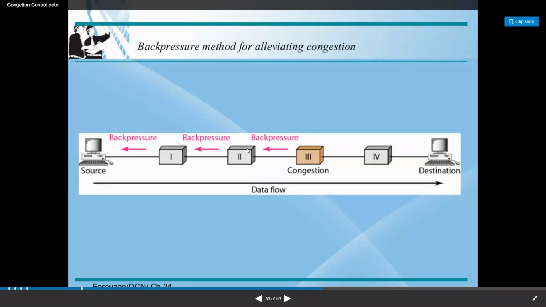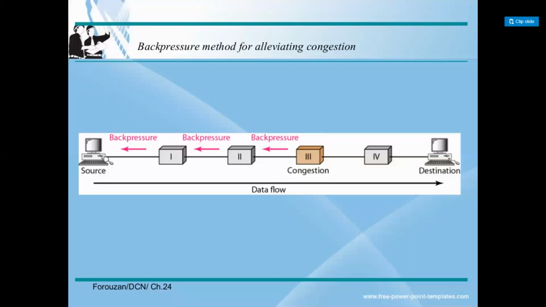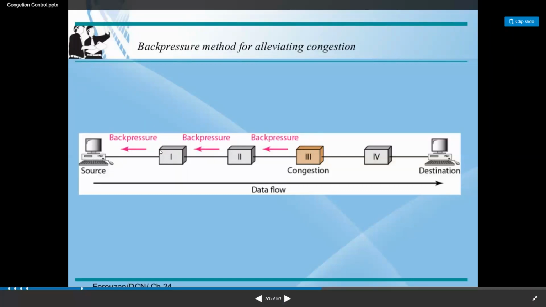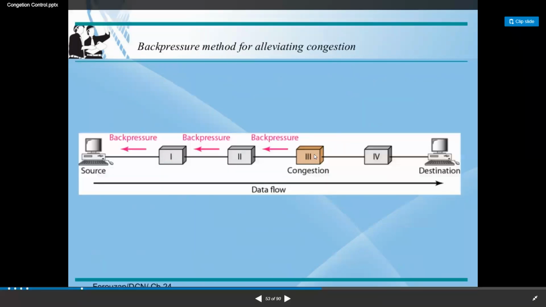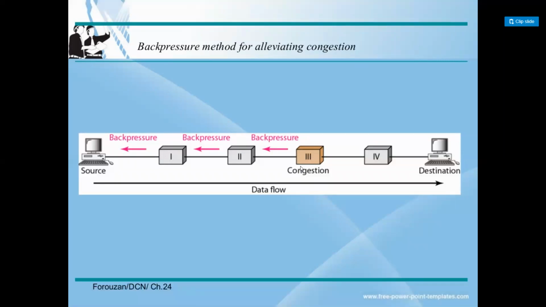During this time, the source does not stop its transmission but continuously transmits data. If it is a long distance, let us take an example: it is router number 3, and it is router number 100. It will take more time to deliver the congestion signal to the source.